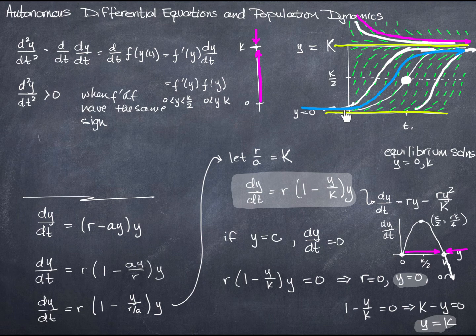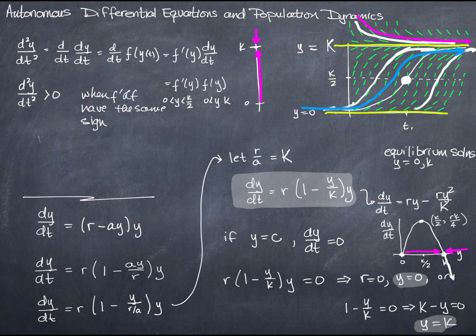And as you can see, that is the case. This graph goes from 0 to k over 2 in a concave up manner, and then after that it switches to concave down. This is where these graphs are positive. F prime is negative between k over 2 and infinity.